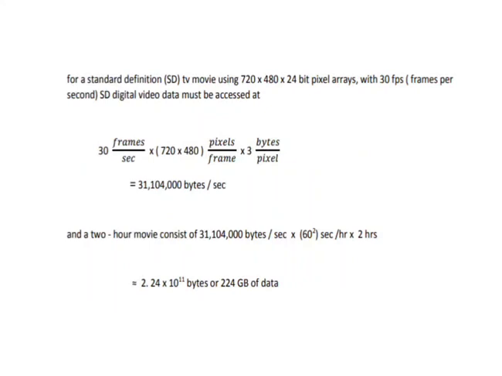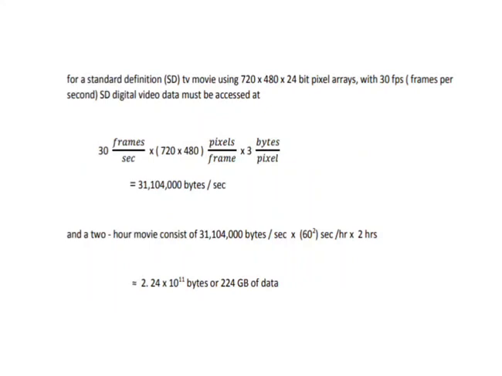Because video players must display the frames sequentially at a rate near 30 fps, that is frames per second, SD video data must be accessed at 30 frames per second times 720 by 480 pixels per frame multiplied by 3 bytes per pixel, which is equal to 31,104,000 bytes per second.